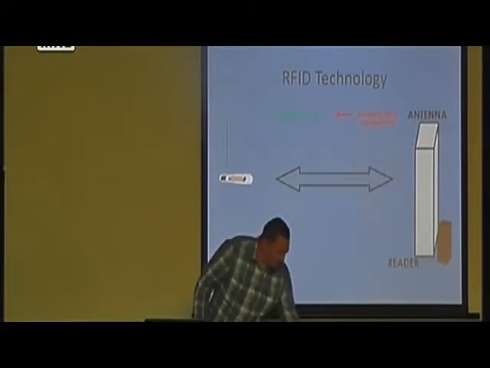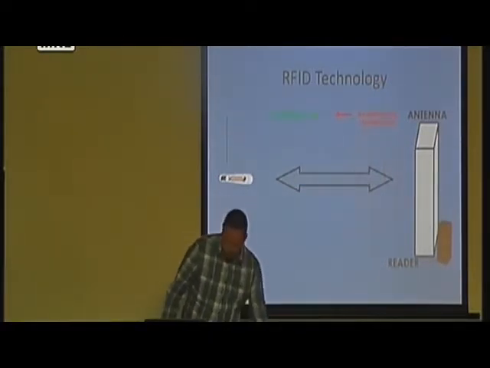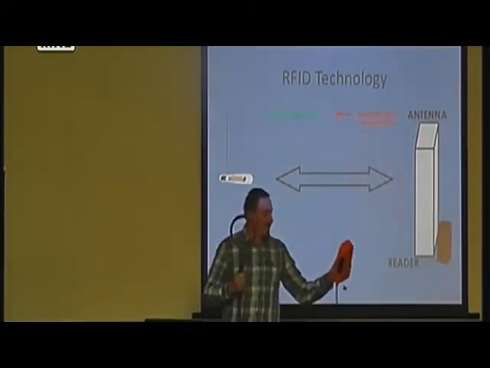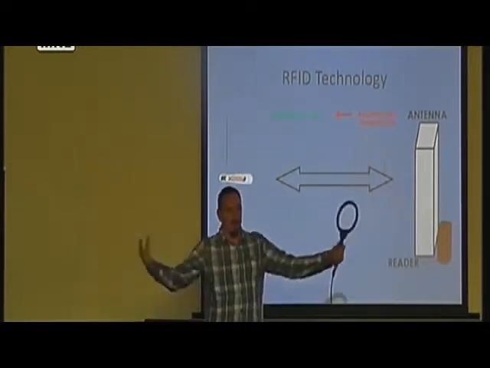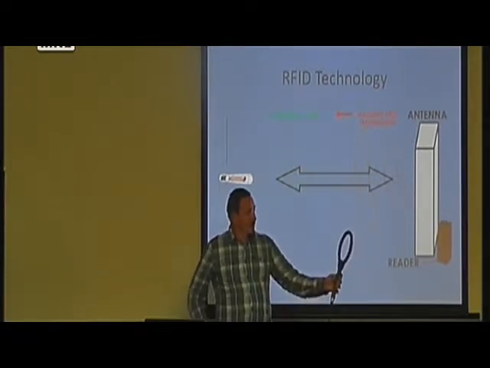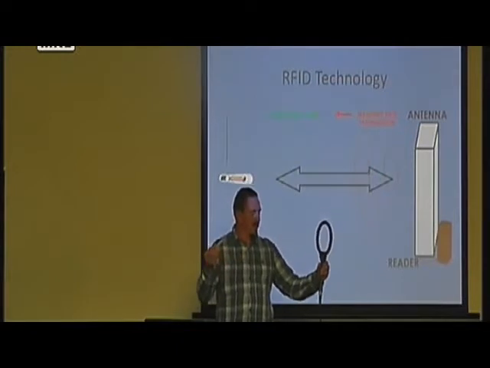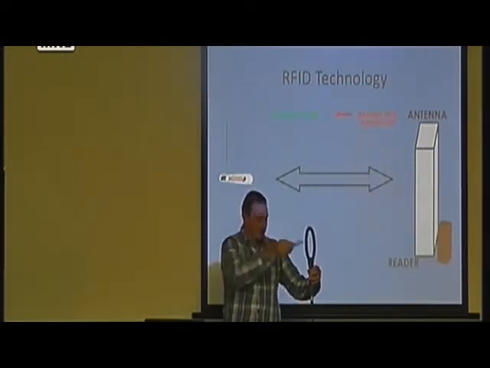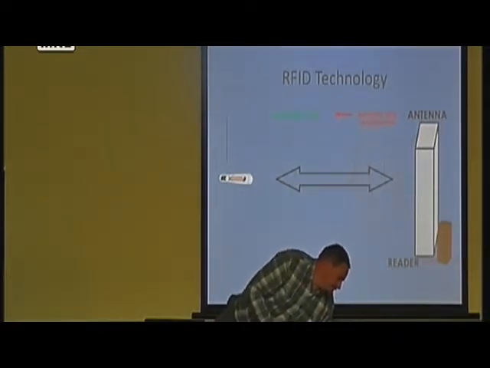I'll put this on. I can show you quickly here how it works. So even in a bigger system, this would be what you'd have. You've got your reader over here, and this would be your antenna, which could be something big in the river. What you've got coming off this antenna is a magnetic field. As the tag is inside this little fish, and as it's coming here, now we're reading.